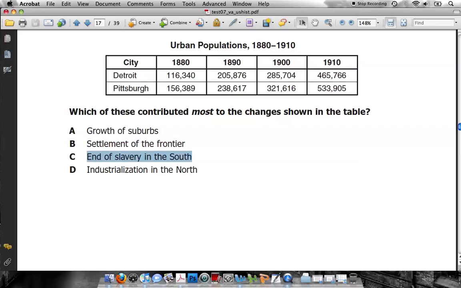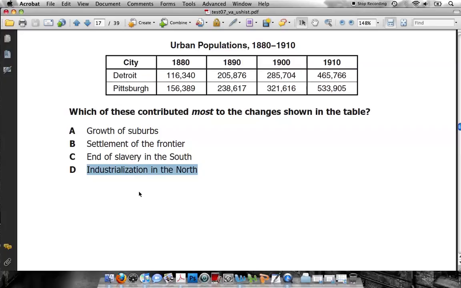Answer choice C is end of slavery in the South. Now, we know that slavery ended at the end of the Civil War with the passage of the 13th Amendment, but this is talking about 1880. So that may or may not be the right answer. And then the last answer choice, D, is industrialization in the North.